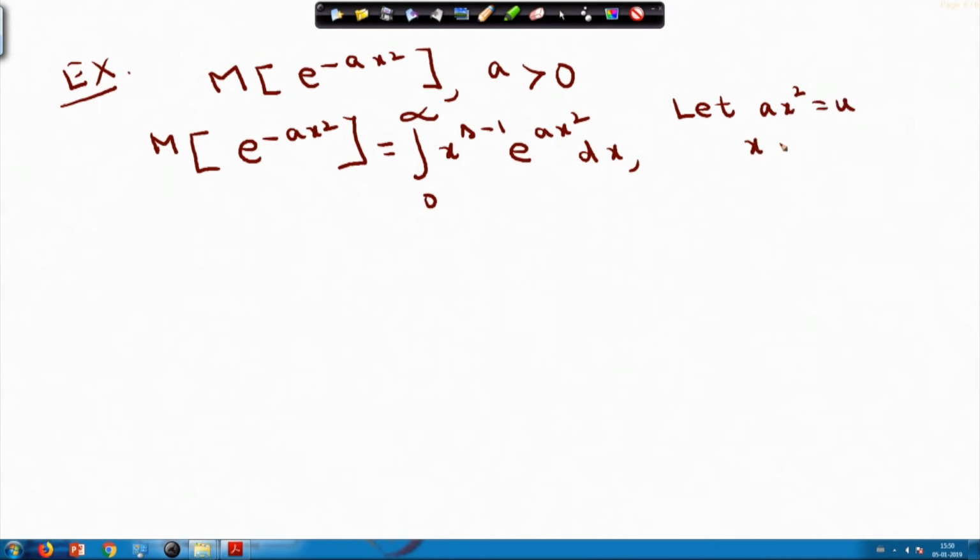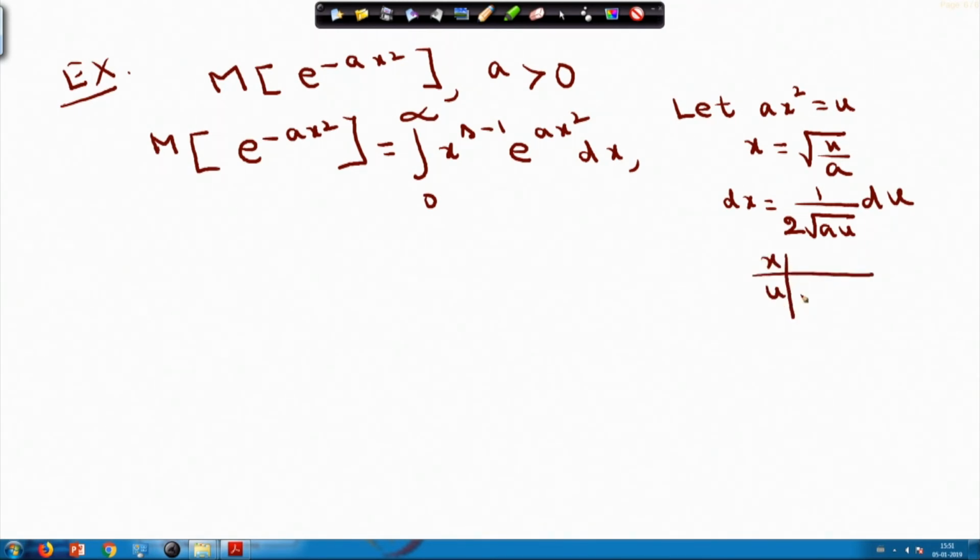So your x will be root over u by a, taking the positive one. So dx will be 1 by 2 into root over a u into du. Whenever x is 0, u is 0, and whenever x is infinity, u is also infinity. So the limits of integration remain the same.